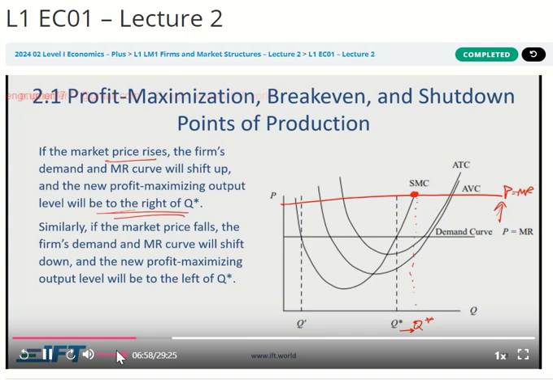So it will be to the right of Q star. If, however, prices are going down, then what will happen is that your MC is going to intersect with MR over here, and the profit maximization quantity will be to the left of Q star.